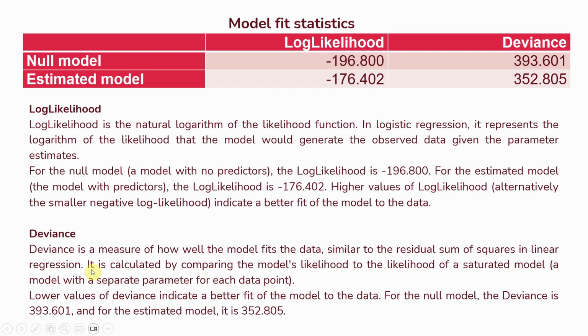In our case, we need to understand that lower values of deviance indicate a better fit of the model to the data. For the null model, deviance was higher. With the estimated model, the deviance is lower. In this case, the estimated model does fit well. Moving on.